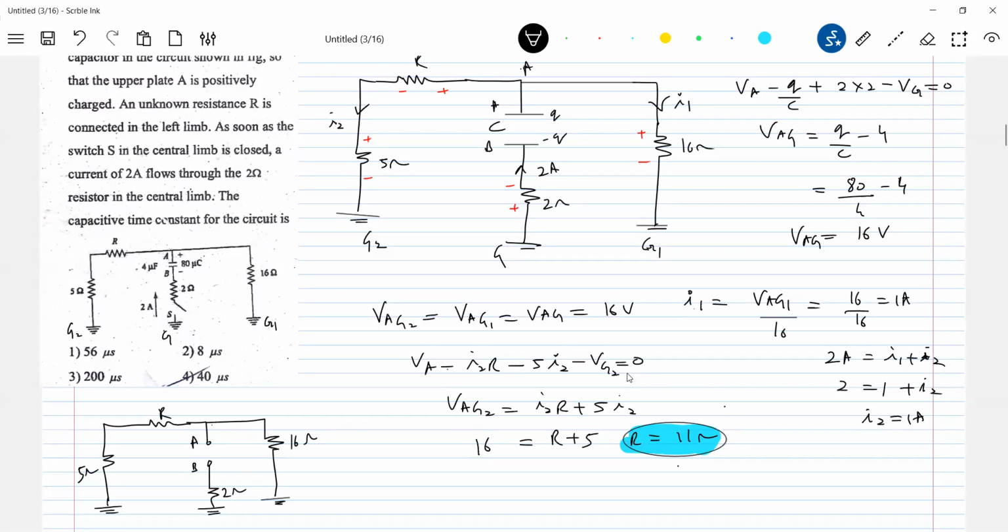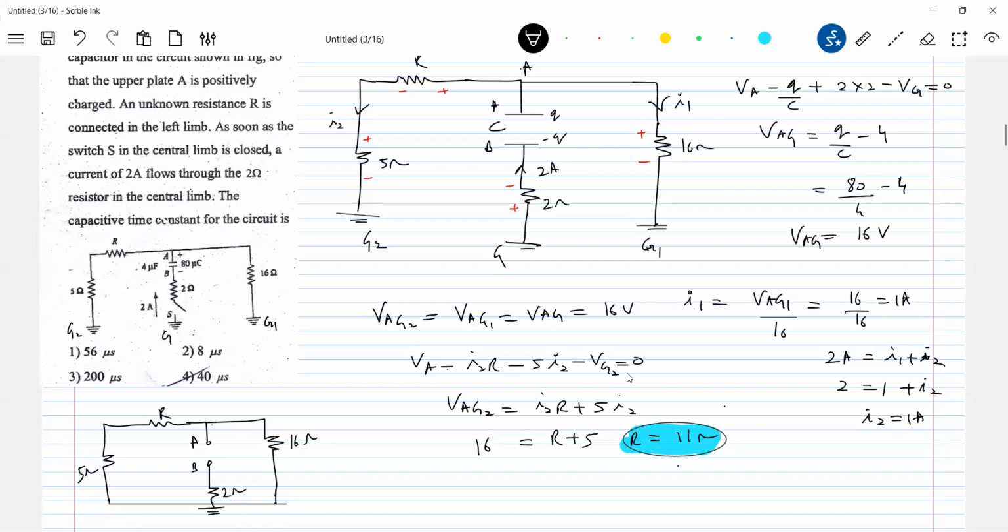Agreed? If you find it difficult, you make them common earthing, so it is a little bit easier for you.